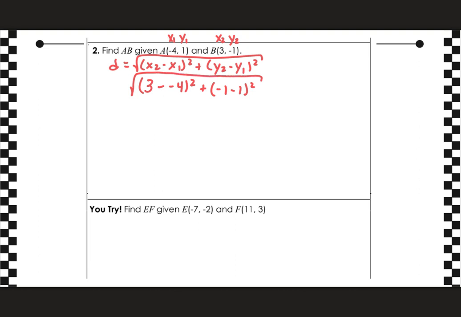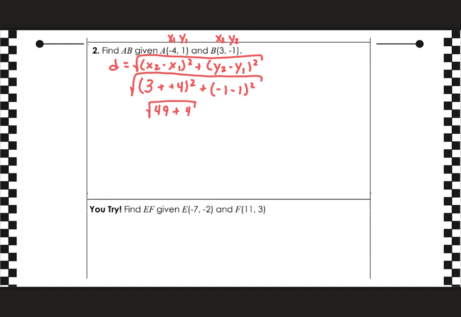And I can put it exactly into my calculator just like I have written it, or I can figure that out. My negative 4 is going to turn into positive. So 3 plus 4 is 7. 7 squared is 49. And then negative 1 minus 1 is negative 2. Negative 2 squared is going to be 4.